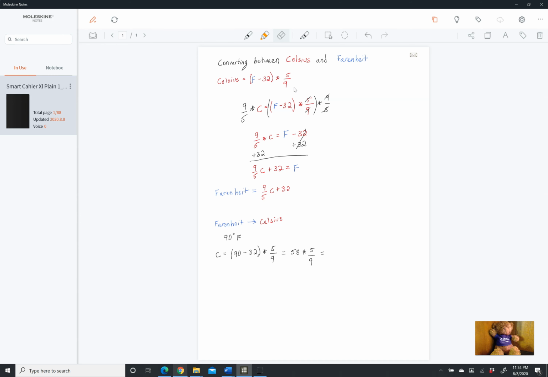And we can multiply the 58 and the 5 together, and that gives us 290. So now we have 290 divided by 9, and what this gives us is 32.2. So 90 degrees Fahrenheit is equal to 32.2 degrees Celsius.